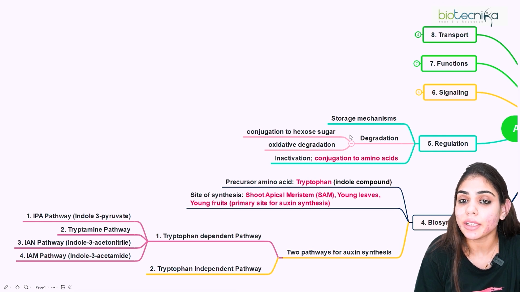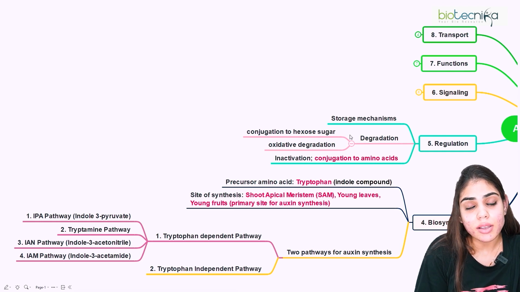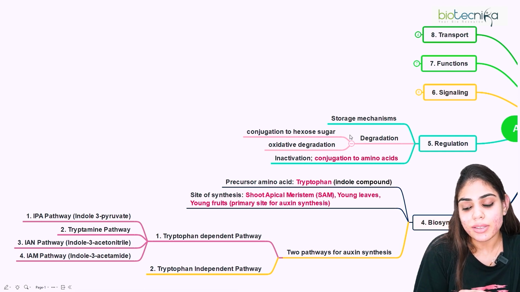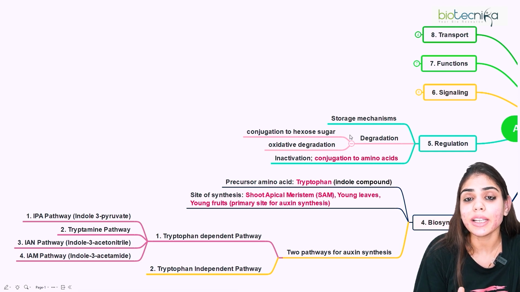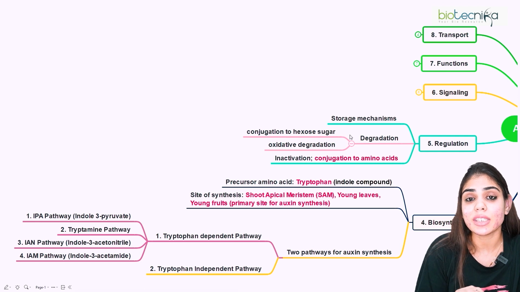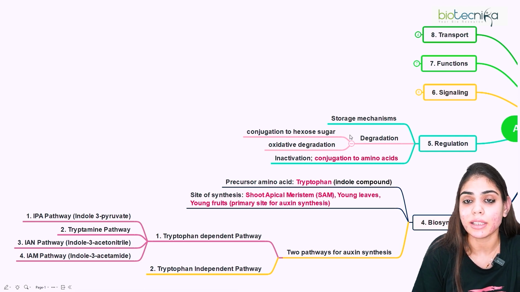The second is the degradation pathway, where the auxin that is synthesized in a larger amount is degraded into other constituents. Firstly, it will be conjugated to hexose sugar and further catabolism of the auxin hormone will take place. The second is the oxidative degradation of this auxin phytohormone, where it is degraded and the permanent removal of auxin takes place in the plant cells.